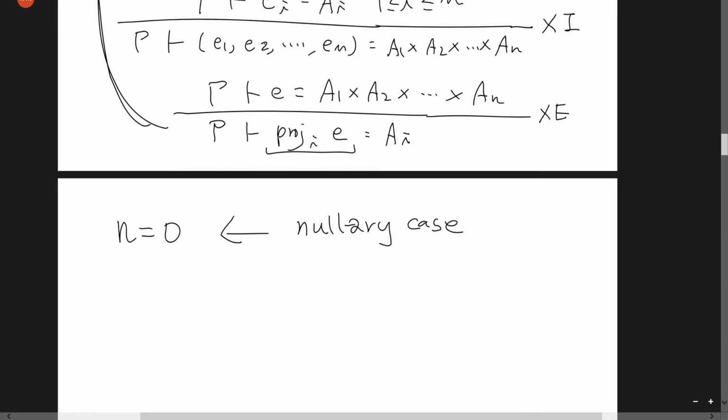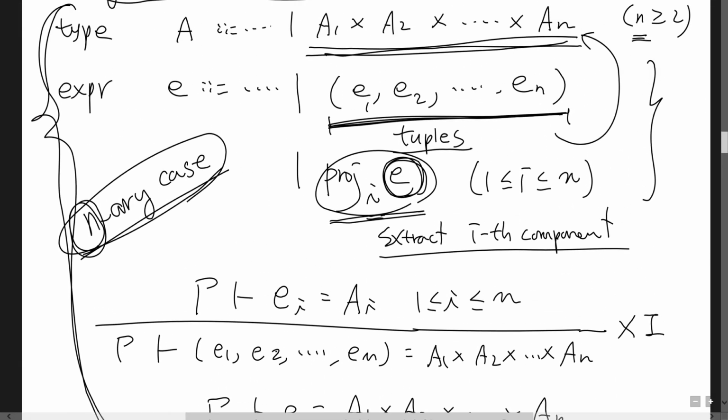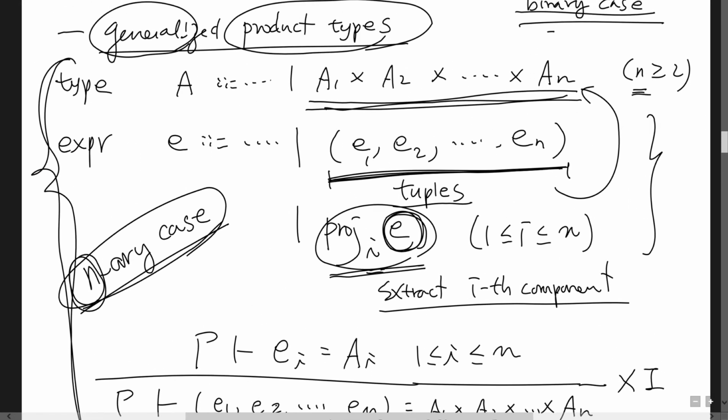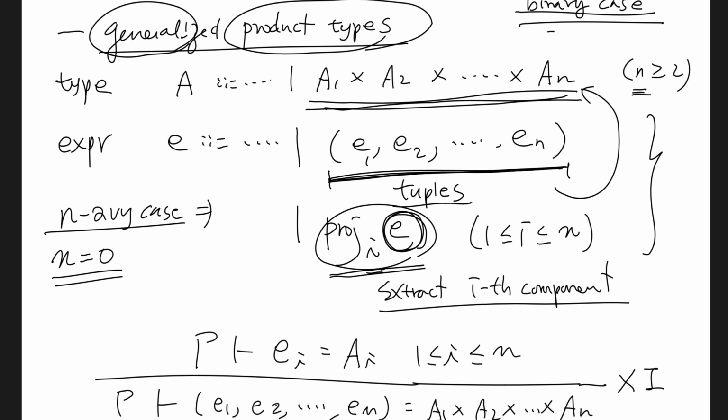So let's go back to these generalized typing rules. I'm going to set n to 0. So we are going to set n to 0, and let's see what happens. First, inside these tuples, we have n components.